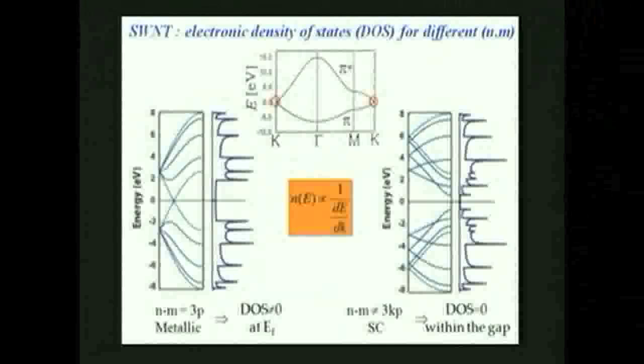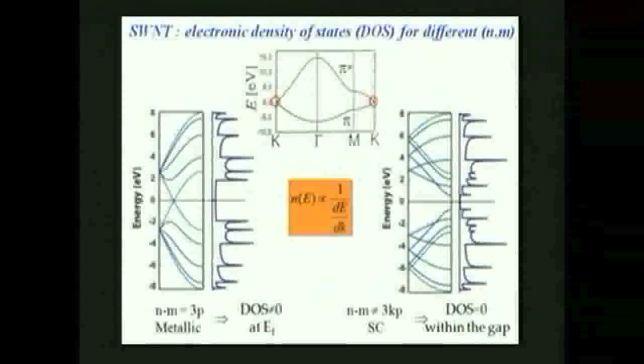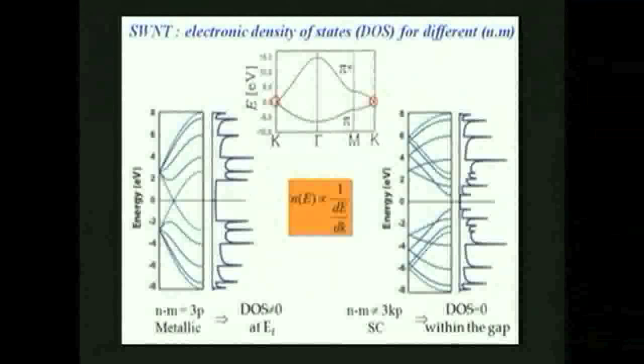So now that you have found the allowed energies of the wave vectors in the direction corresponding to the circumference of the tubes, you can calculate the dispersion curves in the other direction, which is the direction parallel to the tube axis. So here for a metallic, here for a semiconducting, these are the results of tight binding calculations.